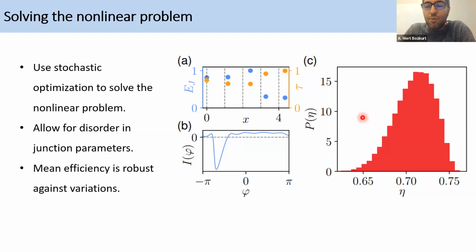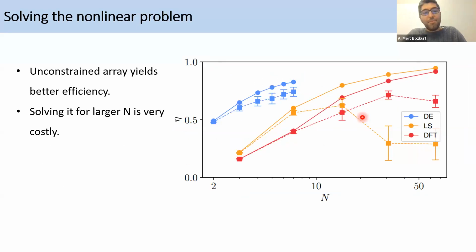So now, having two ways of solving the problem, the constrained and unconstrained one, why don't we compare everything? Here in this figure, we are comparing 3 different optimization methods. For a clean system, denoted with the circles, meaning that there is no variation in junction parameters, no disorder, no noise.